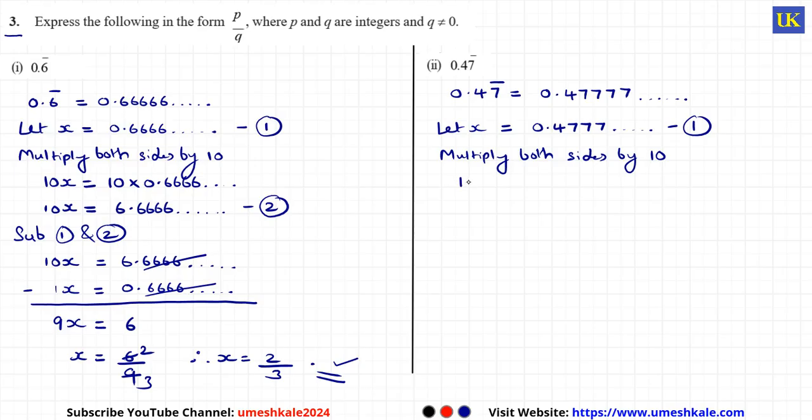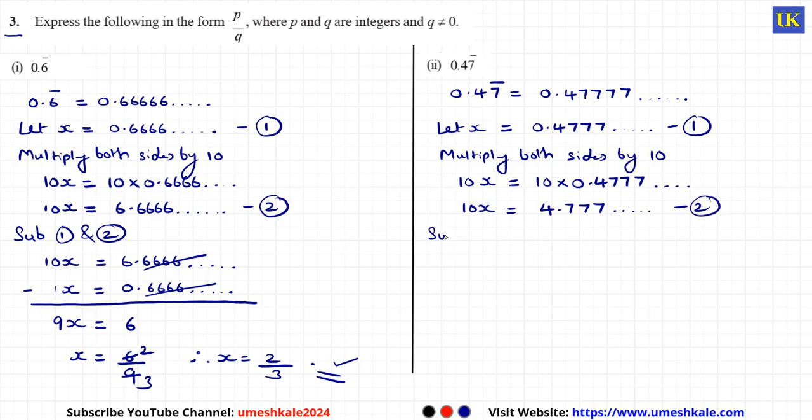So here it will become 10x, and here it will become 10 into 0.4777, so 10x is equal to 4.777, and this we will take as equation 2.